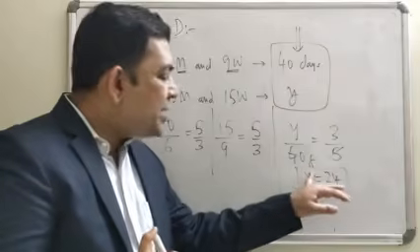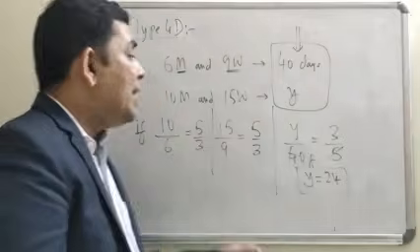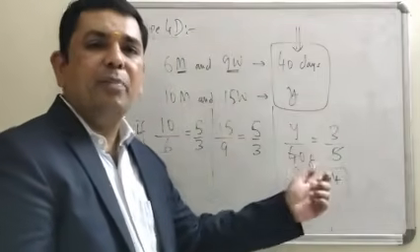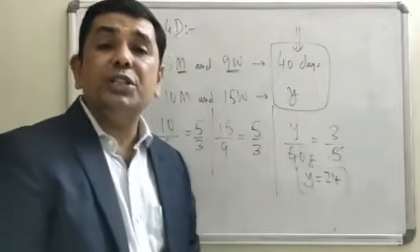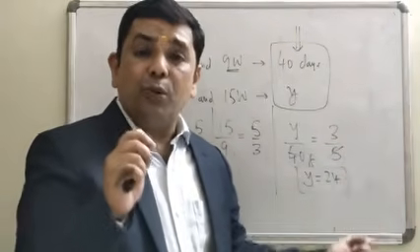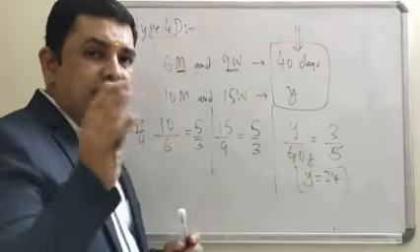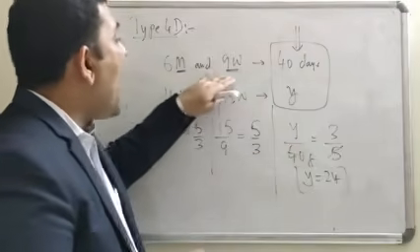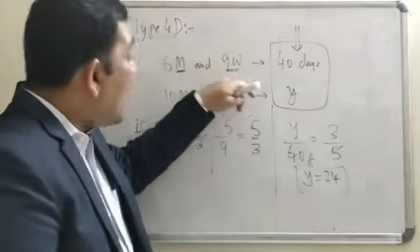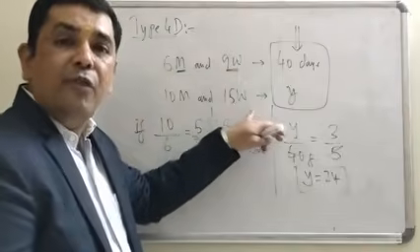Let me very quickly explain the mistake that you will be committing in the last part, which you have to be aware of. In the last part, y by 40 cannot be 5 by 3. Why can it not be 5 by 3? Because the right hand side of this question is not the work done, it is the time taken. Suppose this same question would have been, if 6 men and 9 women can make 40 blankets, then how many blankets can be made by 10 men and 15 women?